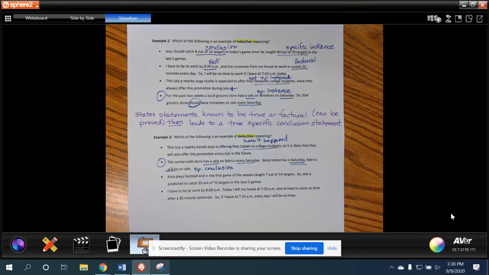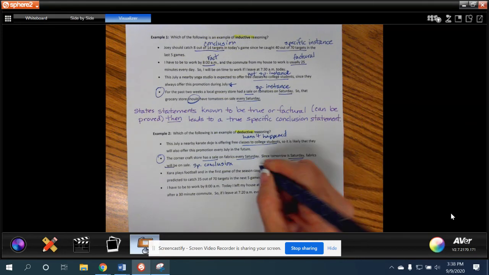However, let's look at the last two because deductive gets a little bit harder to recognize sometimes, and it's all about that specific conclusion. The next one says Kara plays football and in the first game of the season caught 7 out of 14.